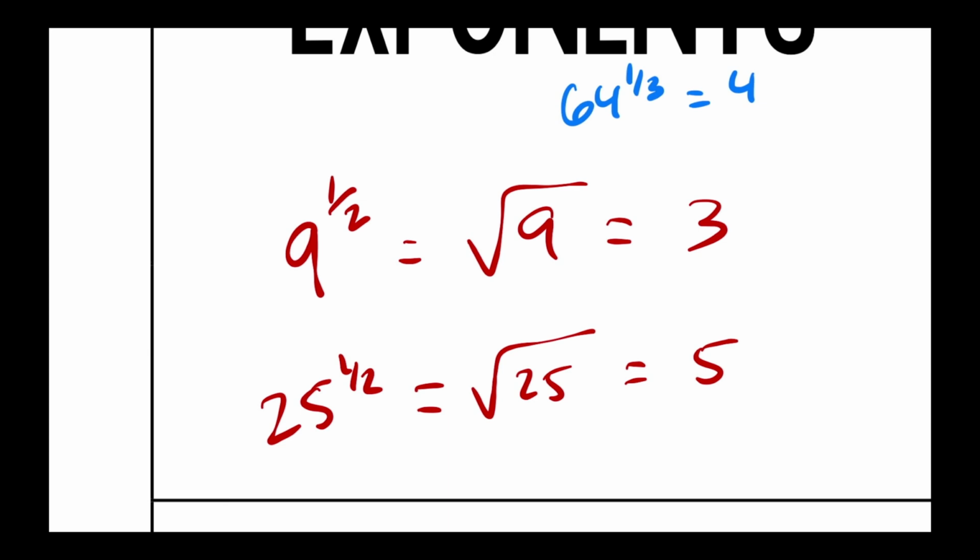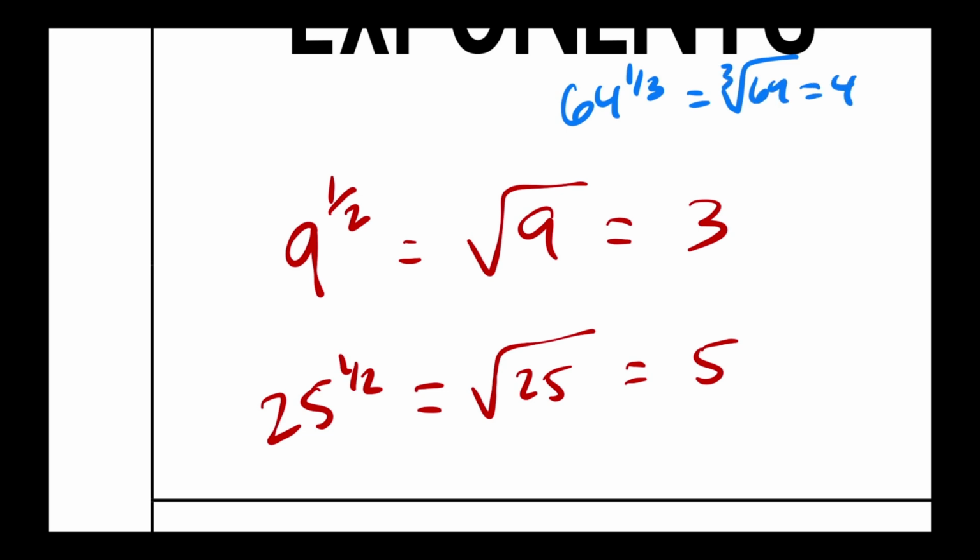What is the 1/3 power doing? If the 1/2 power is a square root, then the 1/3 power is a cube root. Very good. So this would be the cube root of 64, which is 4.